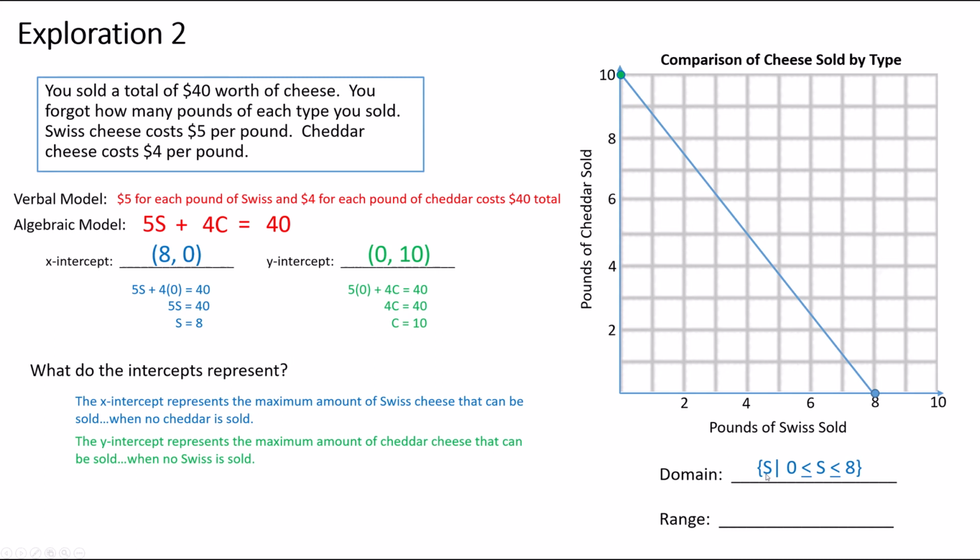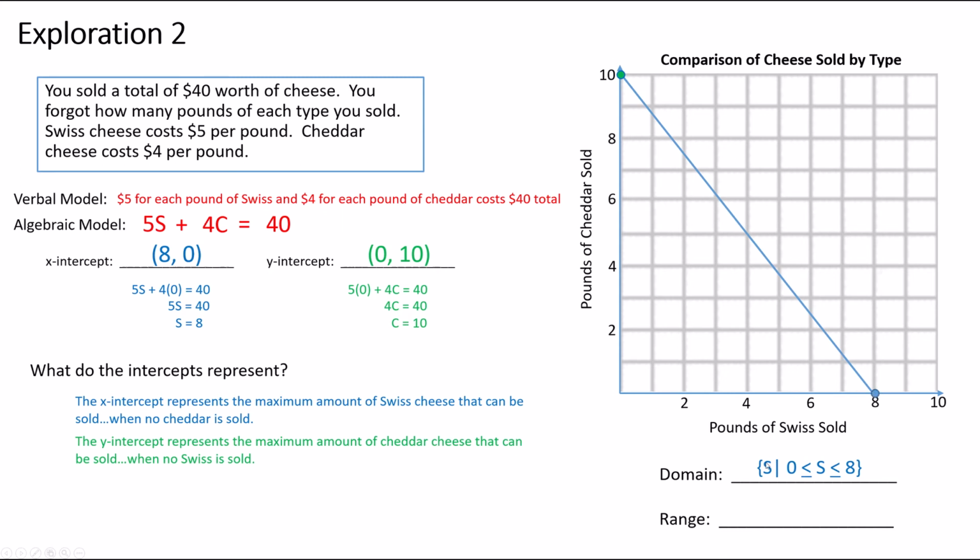If I wanted to write that as a domain, remember the domain says where does our graph go from left to right. Well, my domain says I can buy anywhere from 0 pounds of Swiss all the way up to 8 pounds of Swiss.